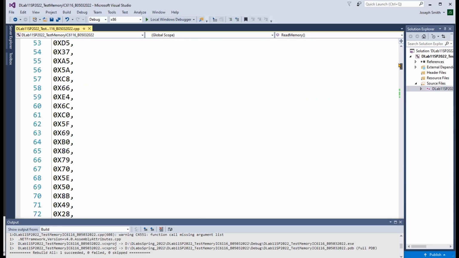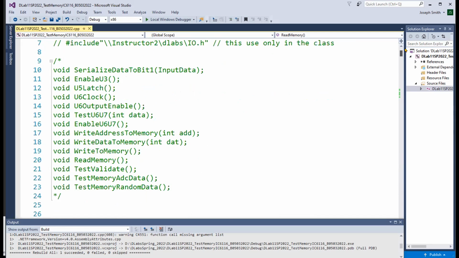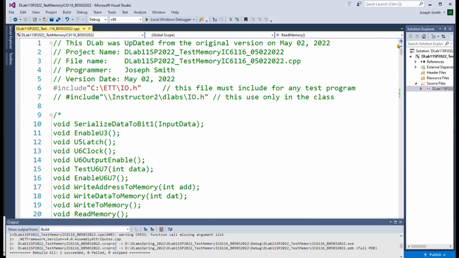Make sure you look at the word from the Excel, because if it doesn't match up with what is expected, it fails. Well, in any case, the way it is right now, it compiled, 1 succeeds, 0 fails.